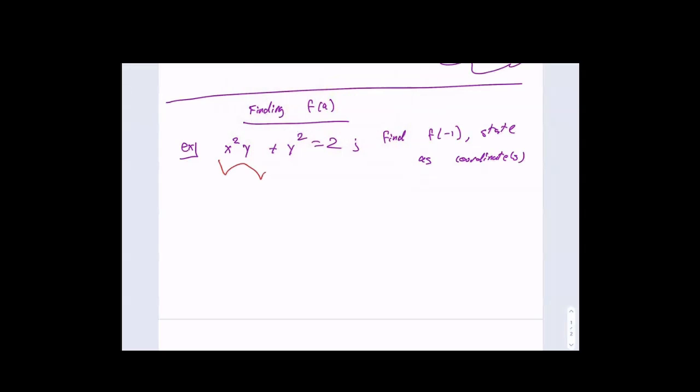So this is a relationship, an equation, between x and y. Therefore, if all we have is one unknown, then we only need one relationship and one point.